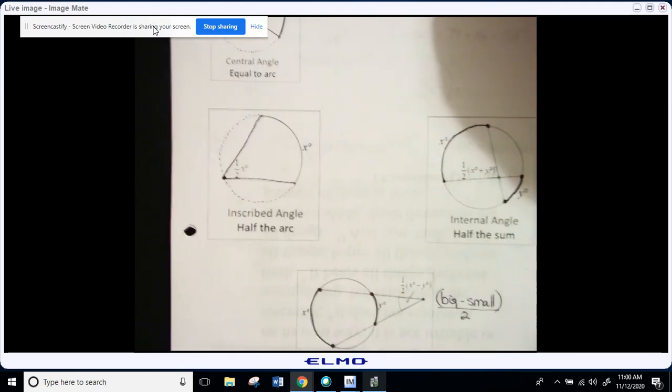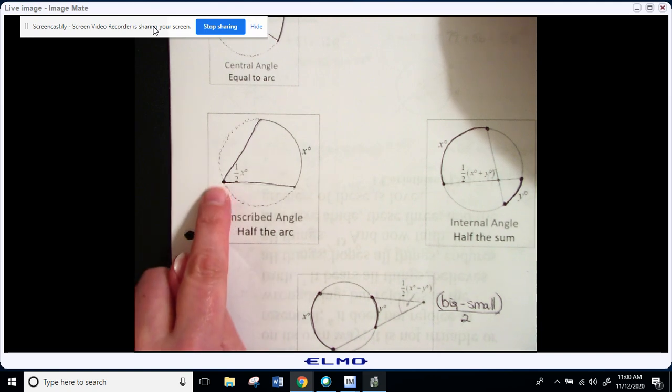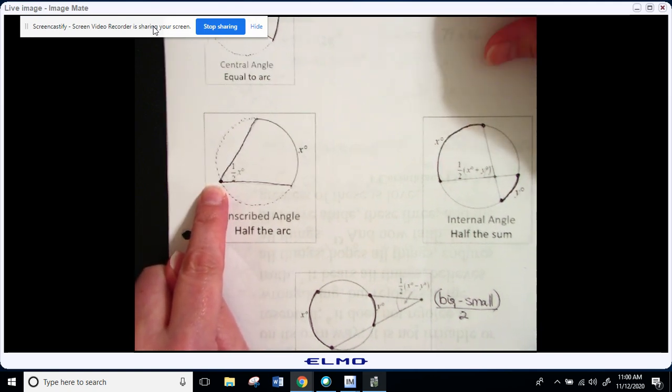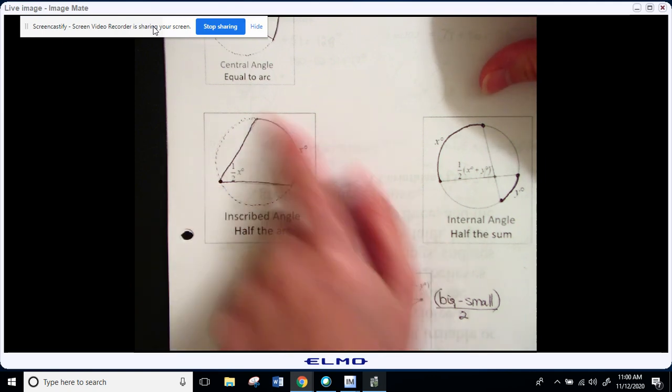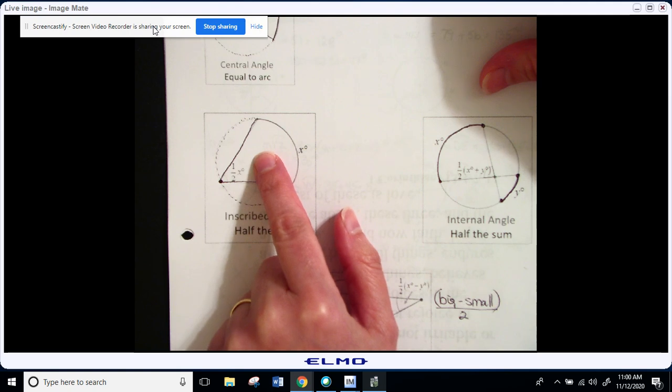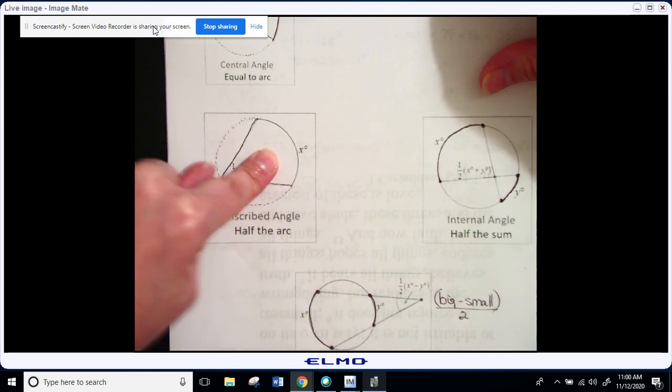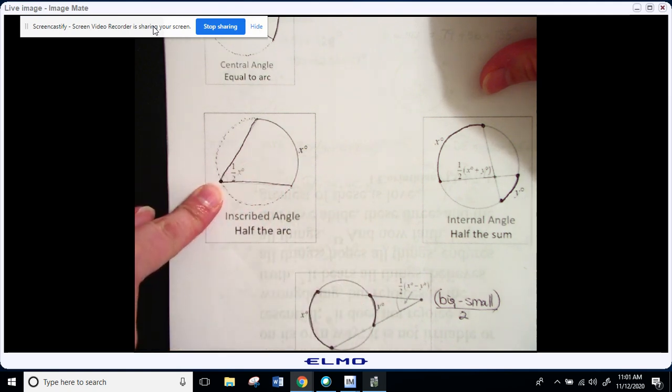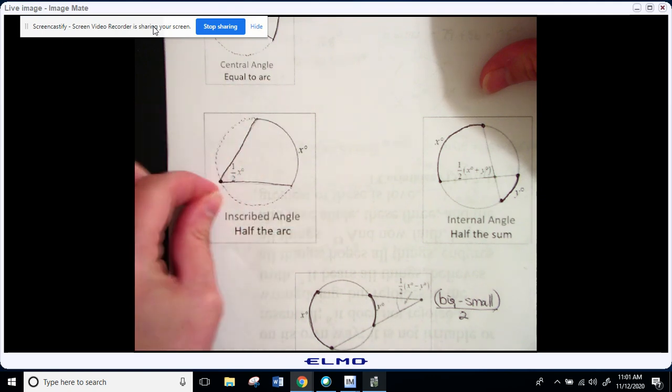Then we have angles that are on the circle. And if you're on the circle, then that's called an inscribed angle. So it's not going to be equal. The arc is not going to be equal because you're not at the center, but it's actually going to be half of it because you're scooting back even further. So it's not equal to it, it's half of that.